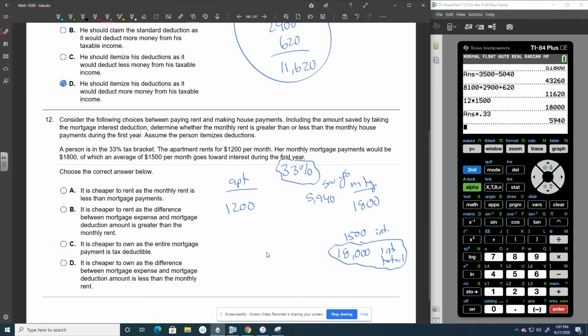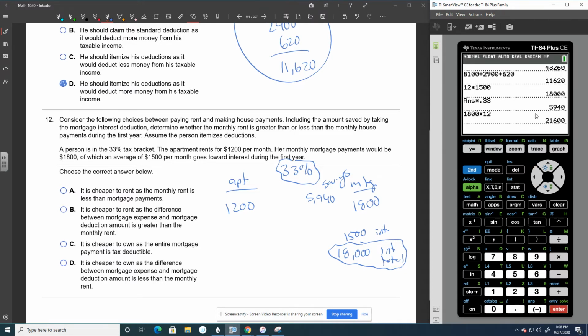There's a few ways to do it. You can take your mortgage payments, multiply by 12, and subtract the tax savings, and do the same with the apartment. So I take 1,800 times 12.